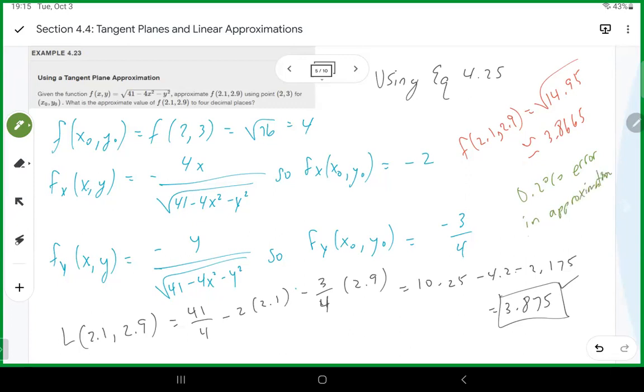Right? Which is not that bad, I don't think.